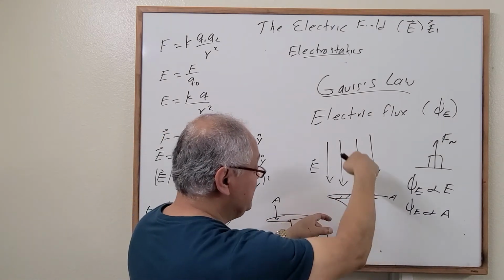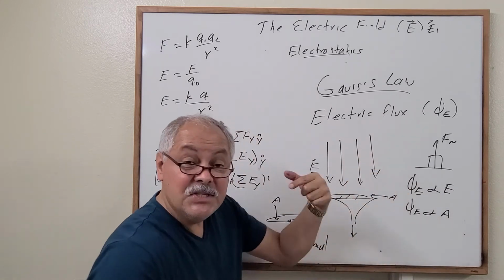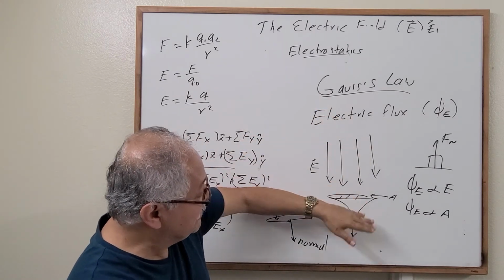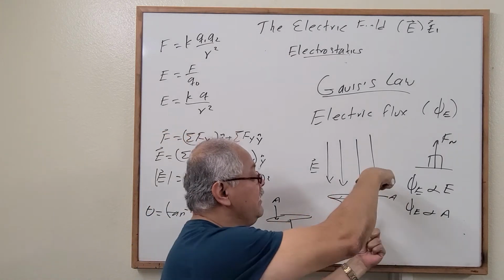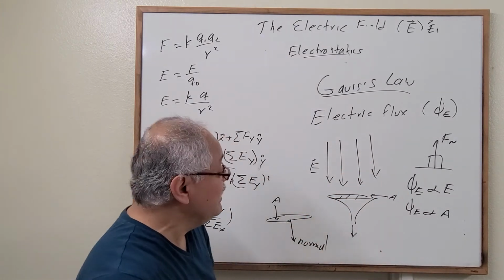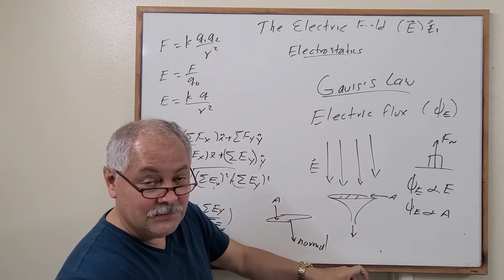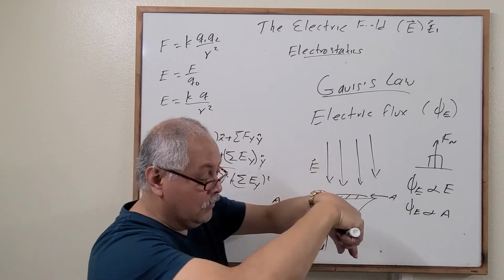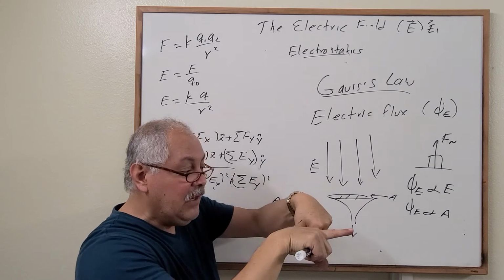When it's parallel, we have the maximum, but when it's perpendicular, it's going to be zero electric flux going through this surface, right? We rotate it, and it's going to be zero. So this electric flux also depends on the angle, right? Which function gives us the maximum when the angle is zero, when they're parallel, and zero when the angle is perpendicular?